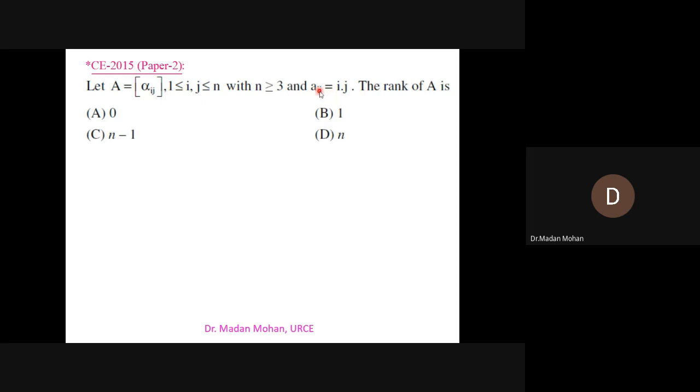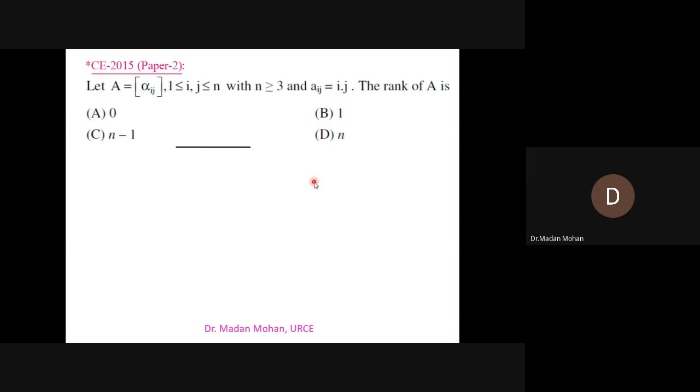So each entry is obtained from its place, ith row into jth column. For your clarity, I am taking n equal to 3, I will check it. So observe it. The rank is 1, sir. Rank is 1, okay. How can you say?